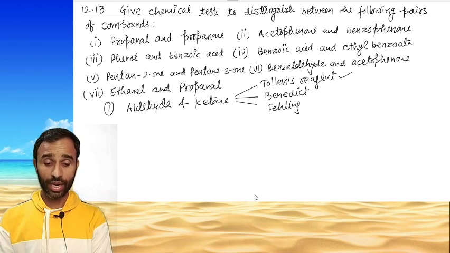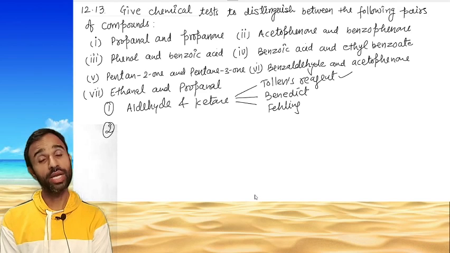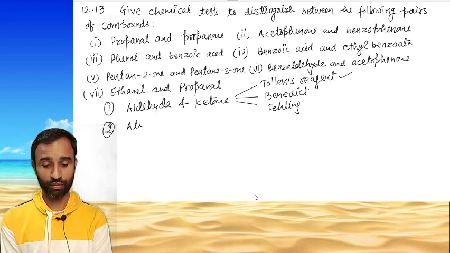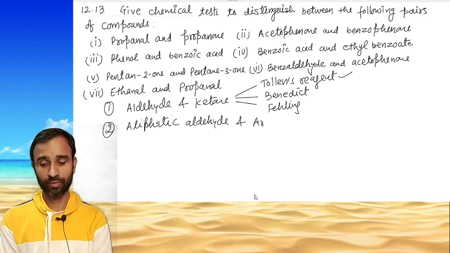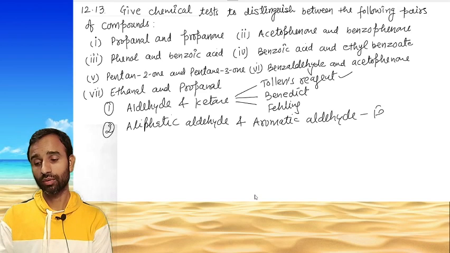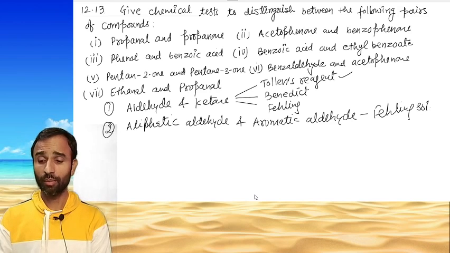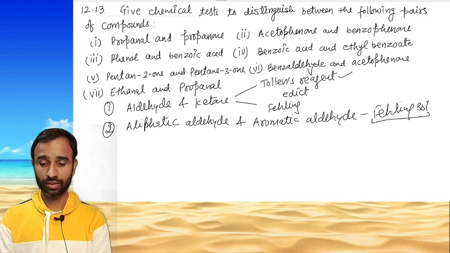And if you have only aldehydes, aliphatic aldehyde and aromatic aldehyde, then go for the Fehling solution test or Benedict solution test, but it is better to go for Fehling solution. So in the first case, go for Tollens reagent only.